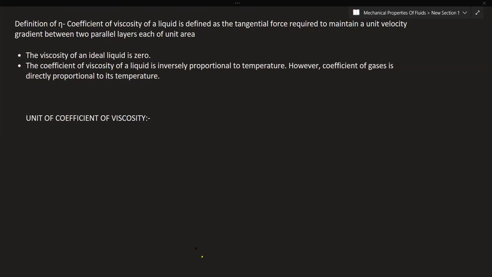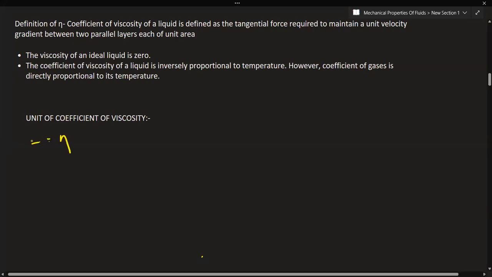Now see the definition of coefficient of viscosity that we have. If F is equal to eta A dV over dx, then to calculate eta it would be F dx divided by A dV.